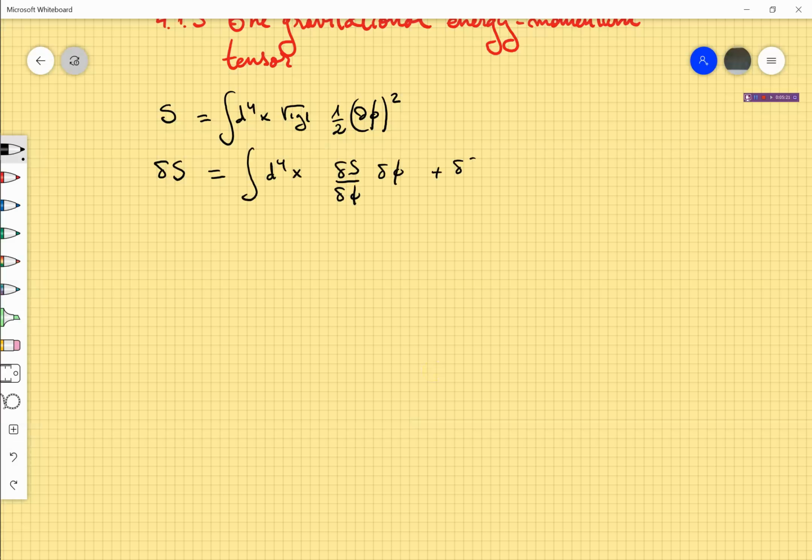I will get something like this, and this will contribute to the equations of motion of g mu nu, and this will be the equations of motion of phi. I am only interested in this part now, so I set delta phi equal to 0, or in other words, I only vary with respect to g mu nu now.